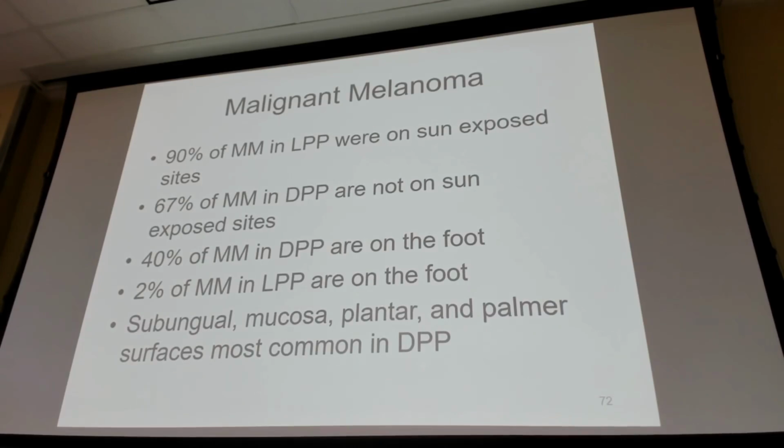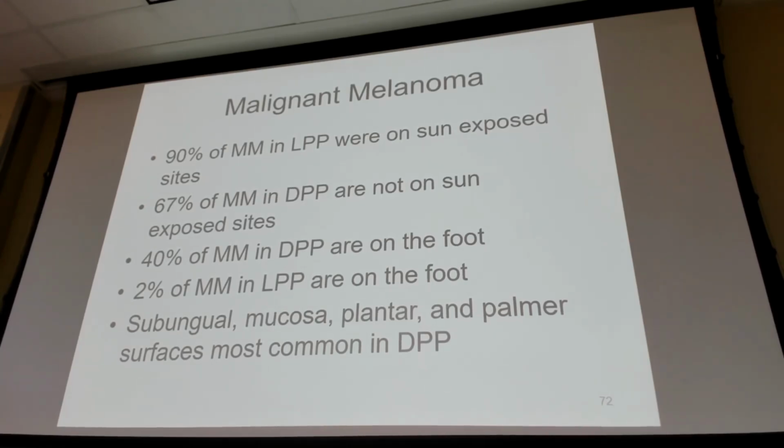90% of malignant melanoma in light skin are seen. 67% are not on sun-exposed sites. Okay, so 90% of Caucasians will have something seen, diagnosed, and treated, whereas 67% of darkly skin-colored people are not on sun-exposed sites, so they're not seen, like they're on the bottom of the foot or somewhere else, which is exactly what it says there. 40% are on the foot, 2% are on the foot.